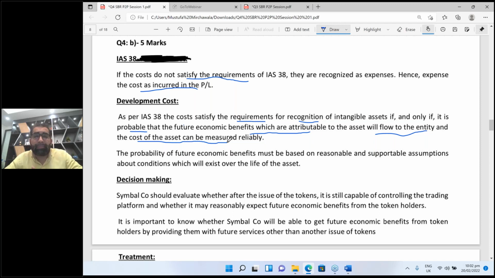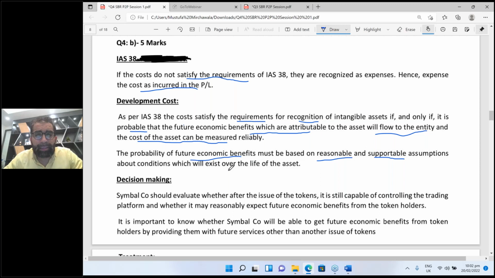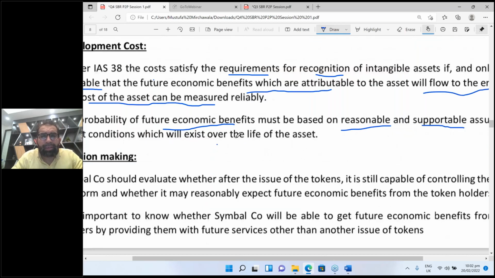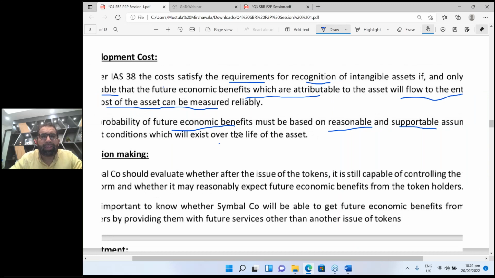Plus one more thing: an asset is anything for which the future economic benefit is in your control. The probability of future economic benefit must be based on reasonable and supportable assumptions about conditions which will exist over the life of the asset. That means the assumptions should be reasonable.